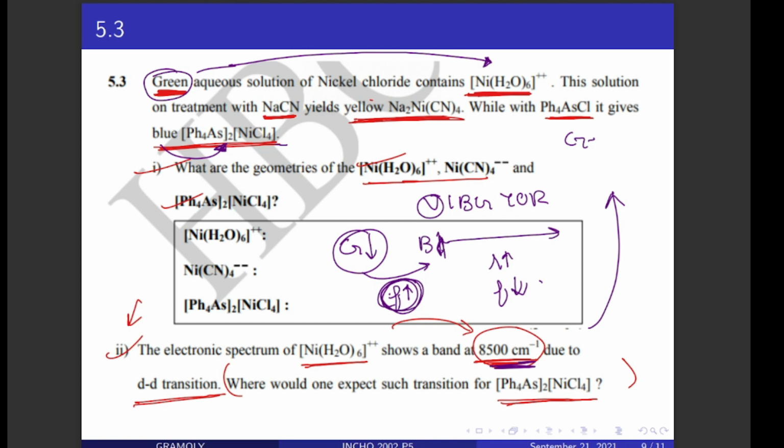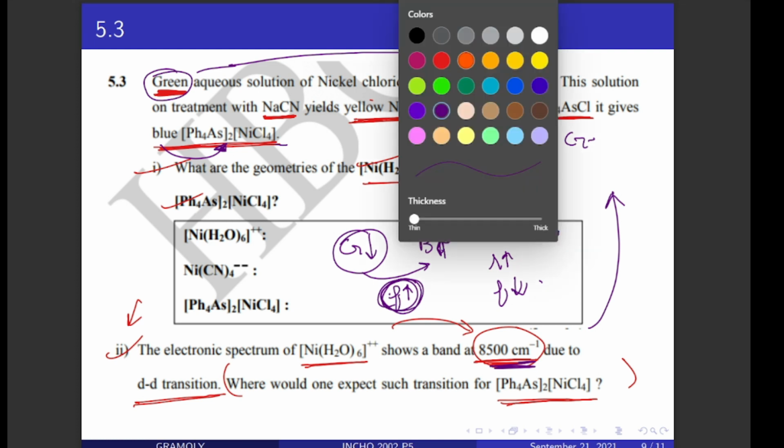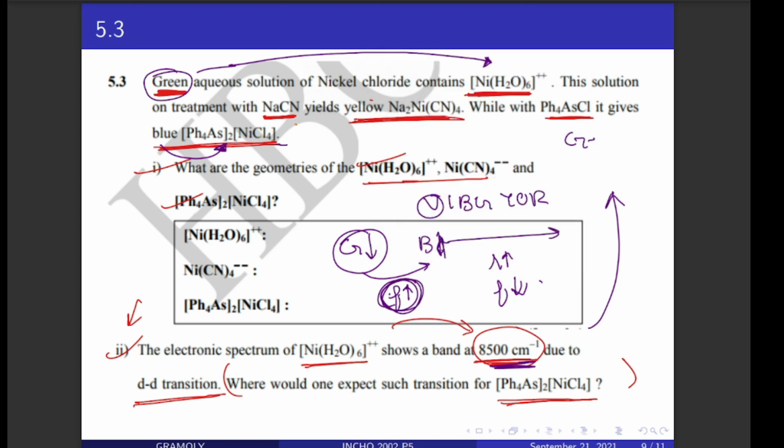Why? Because we should have the knowledge that a compound shows the complementary of the color it is absorbing, and we can judge it by a color wheel. Let's say this corresponds to violet, indigo, then we have blue, then yellow, then green, then orange, and then red.